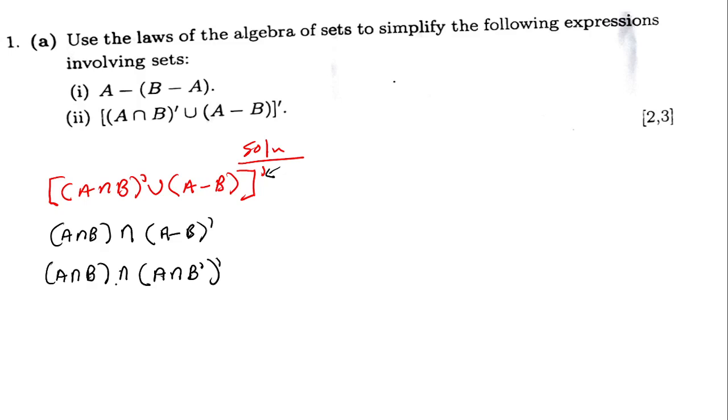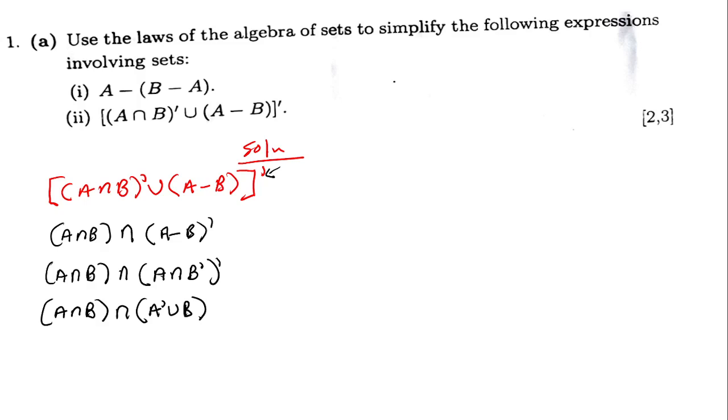After you reach that particular point, you can multiply this complement by everything inside. So this will be A intersection B open bracket intersection open bracket. This times that will be A complement union, because intersection times complement is union, and then that will simply be B. So if you look at A complement union B, what are you going to have?